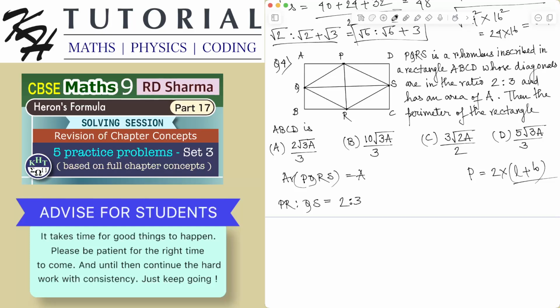So we can say that AD, the length of the rectangle, let's say L, will be equal to twice AP, which is equal to twice QS, because QS is parallel to AD and also parallel to BC.